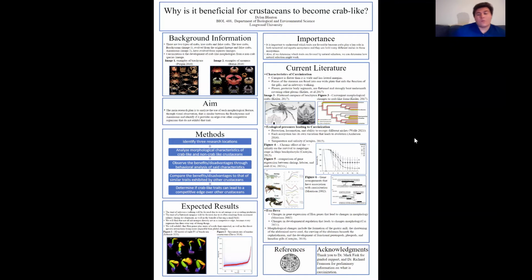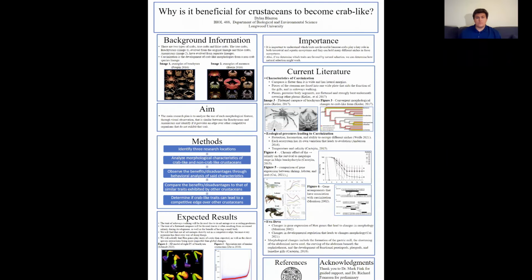And the reason why I feel that this is necessary is based on the current literature. Without going too much in depth, our literature basically gives us the grounds for everything. They give us the characteristics of carcinization, about the carapace and different body structures and morphological features of carcinized organisms.